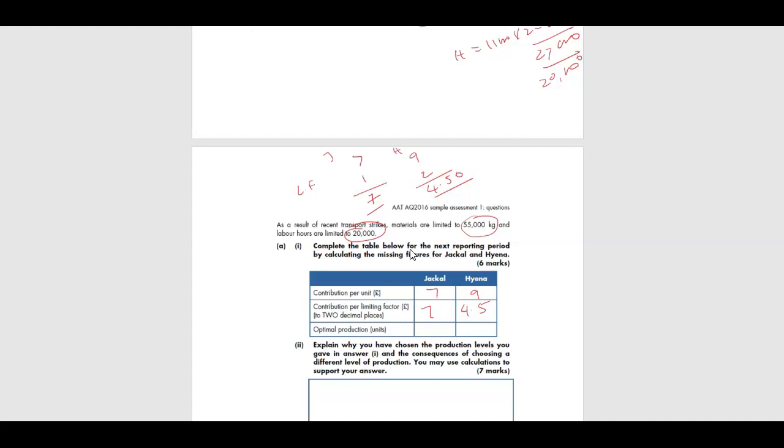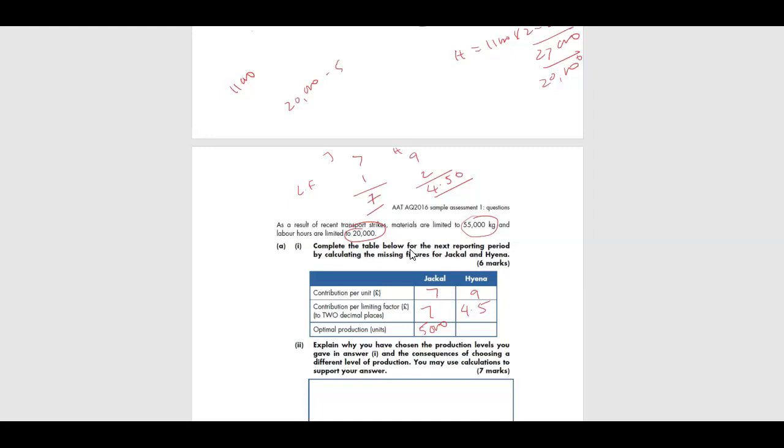So let's have a look at the optimal plan. There is no doubt I'm going to make all the J first. The demand is 5,000, and for the H we have a demand in the market of 11,000. But we cannot, the reason being we don't have enough hours. So we have 20,000 hours. For J we need 5,000 because making one unit of J will take 1 hour, so 5,000 hours will be gone and 15,000 will be left.